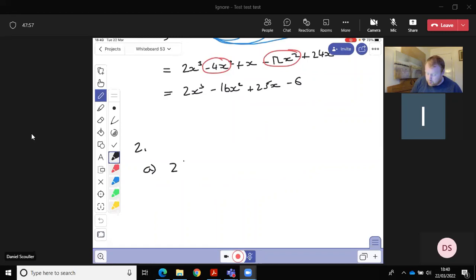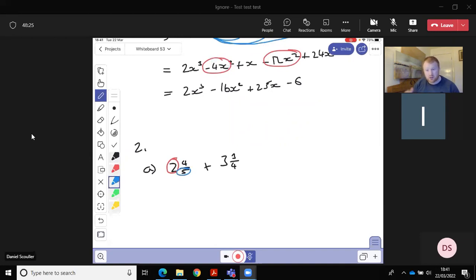So 2 4/5 plus 3 3/4. Now, that mixed fraction, that whole number in the front, is 2 whole sets of 5. That's 2 whole sets of whatever the denominator is.